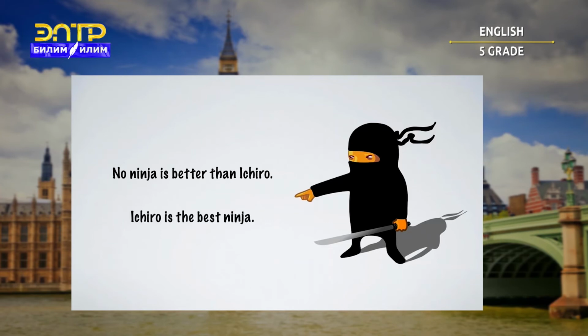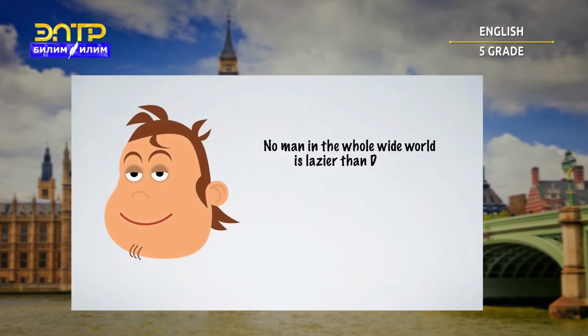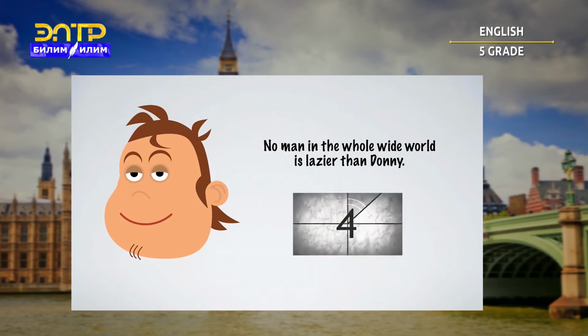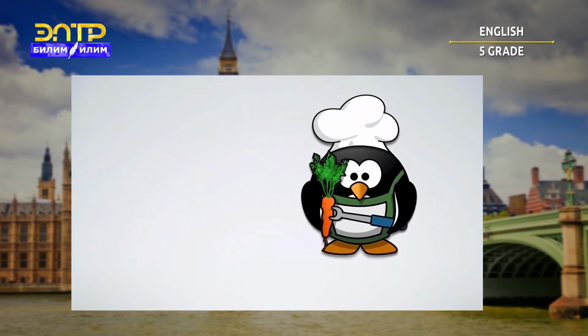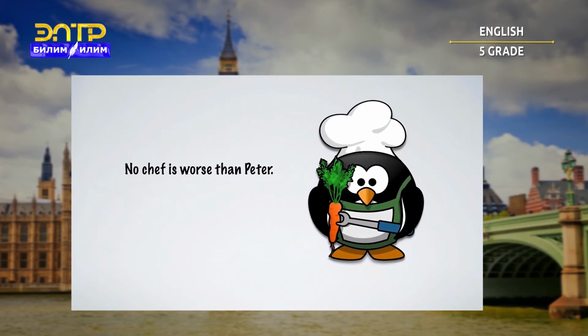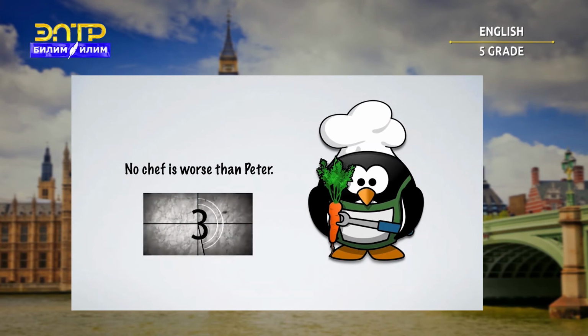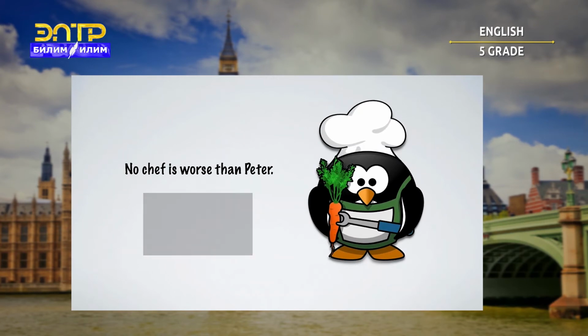Ichiro is the best ninja. No man in the whole wide world is lazier than Donnie. Donnie is the laziest man in the whole wide world. No chef is worse than Peter. Peter is the worst chef.